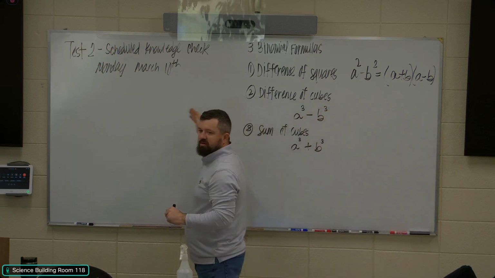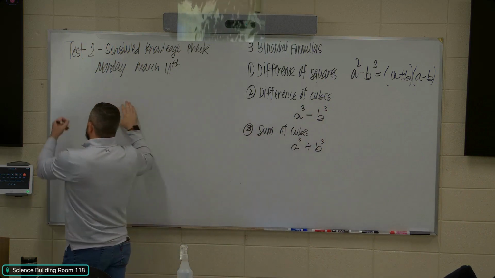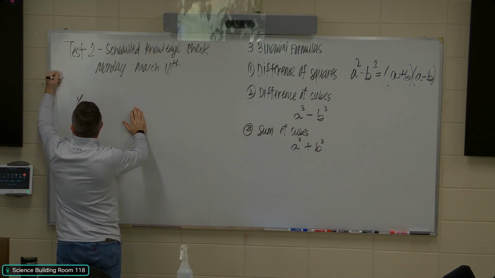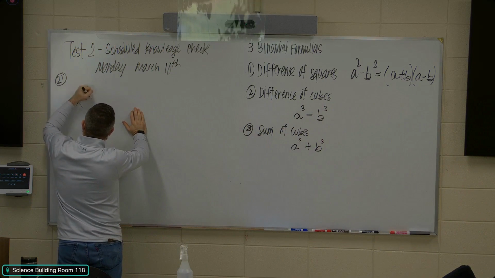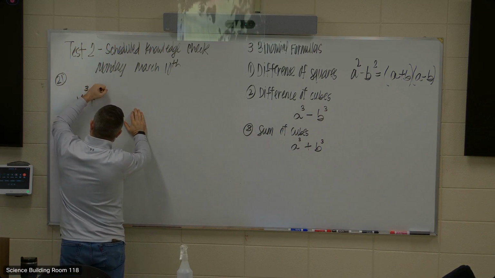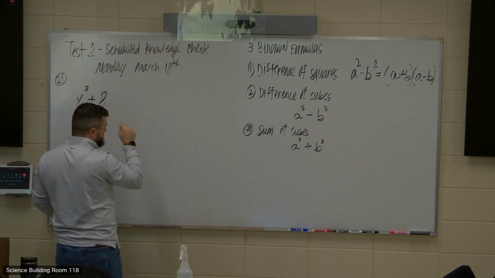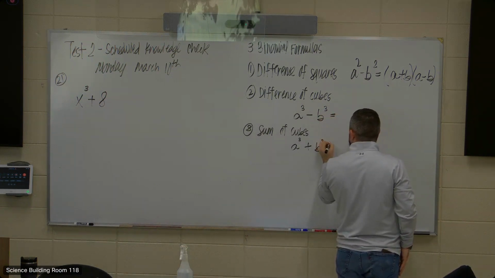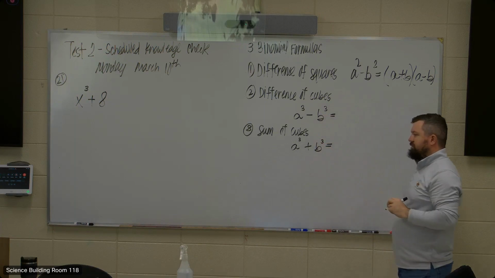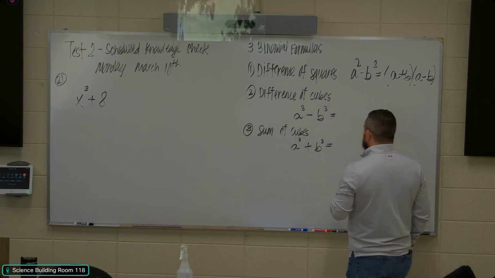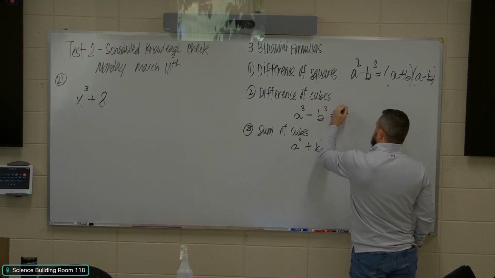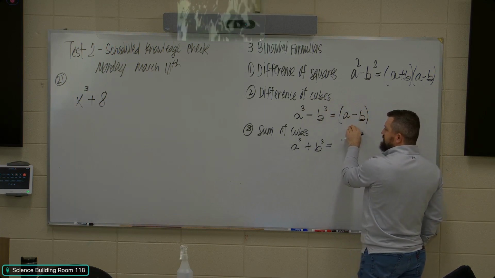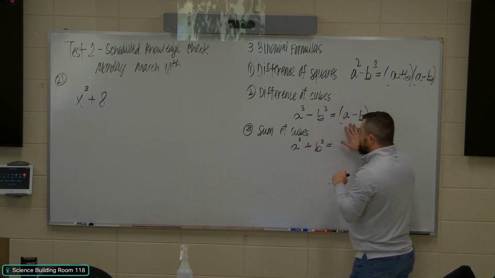As I write the formula down, I'm gonna work a difference of cubes problem. Call this 2.1. The way the formula goes, you find out what those cube roots are, and for the difference of cubes, you subtract.